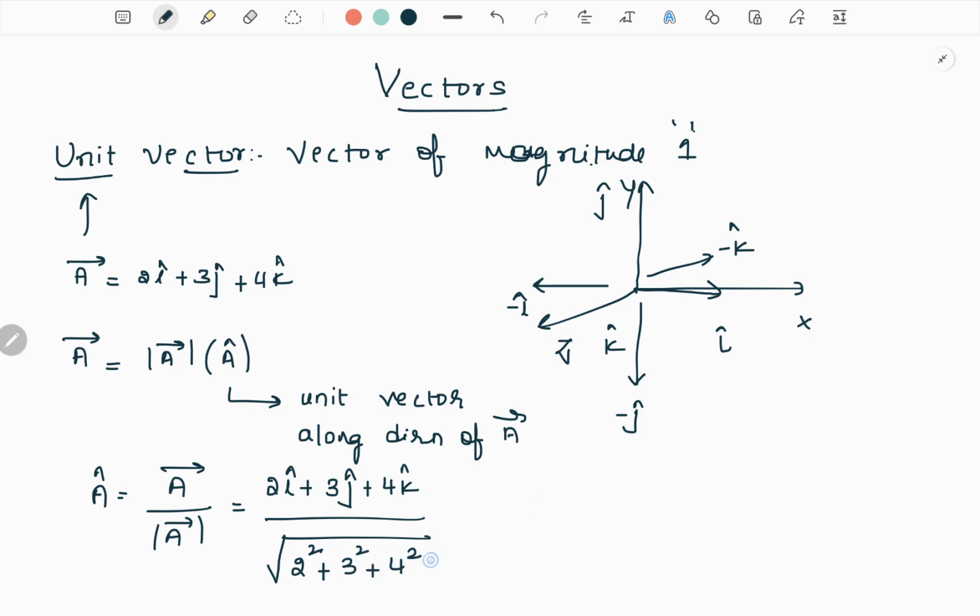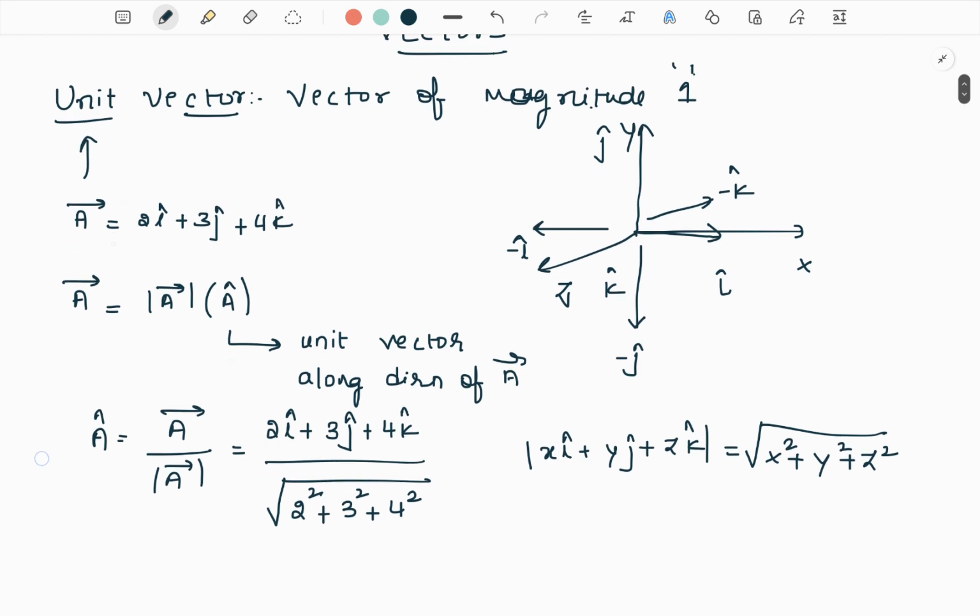If we have a vector xi cap plus yj cap plus zk cap, the magnitude of this vector is given by root of x square plus y square plus z square, where x, y and z are the components of that vector along the x, y and z axes. This is how we find a unit vector parallel to the direction of a particular vector.